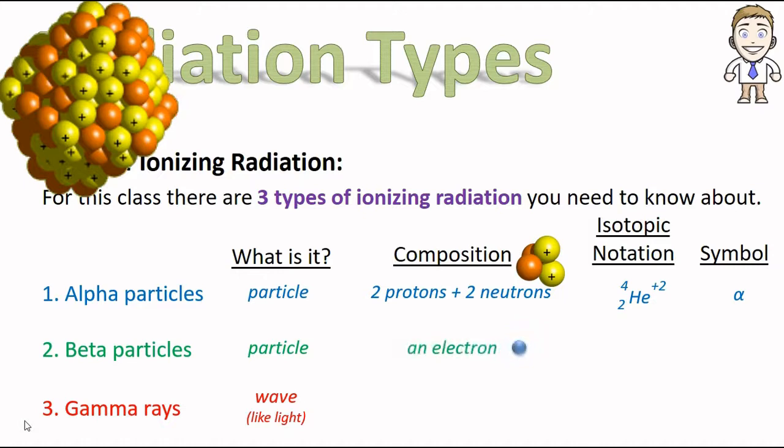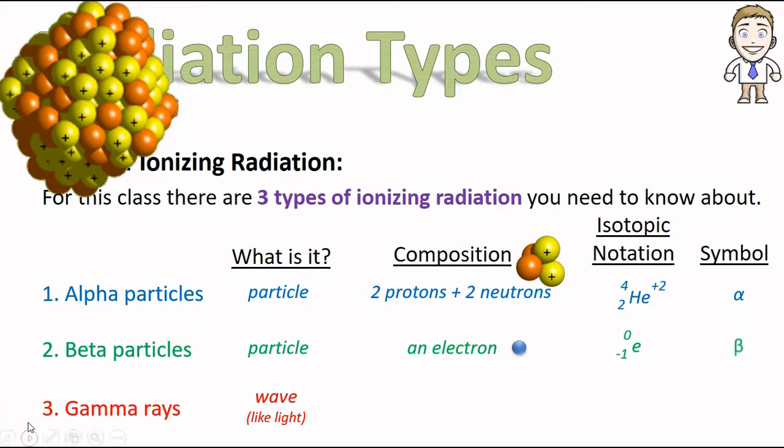Beta particles are actually just electrons, which strangely enough can get shot off by an unstable nucleus. Weird, because nuclei don't have electrons, but it still does happen. Just go with it for now. The isotopic notation would be lowercase e for electron, -1, 0. Remember 0 because electrons have no mass.